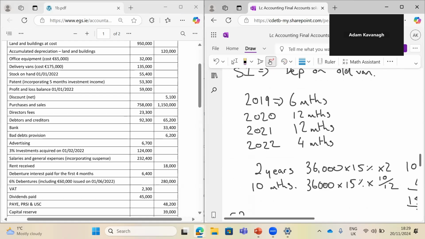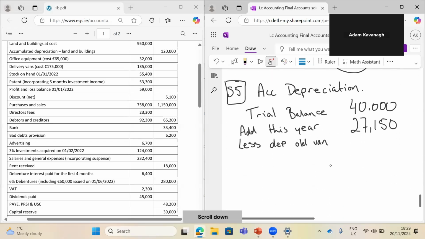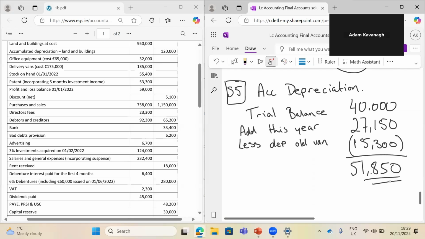Over here, 15,300. So we're going to take that away. So we don't have that van anymore, so we don't need the accumulated depreciation in our accounts. So if you do that sum there, you'll get 51,850. And that's your accumulated depreciation, which goes in the balance sheet.